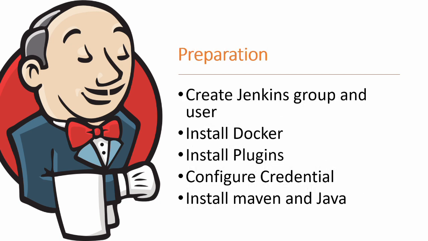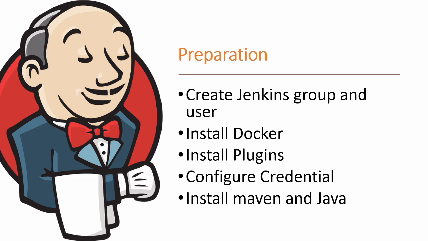So in this video, before I create the pipeline, I'll have to do a little bit of preparatory work. Number one is, as you know, the Jenkins Docker container has a user inside it called Jenkins, and its ID is 1000.